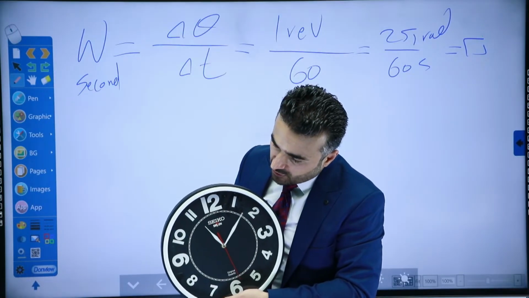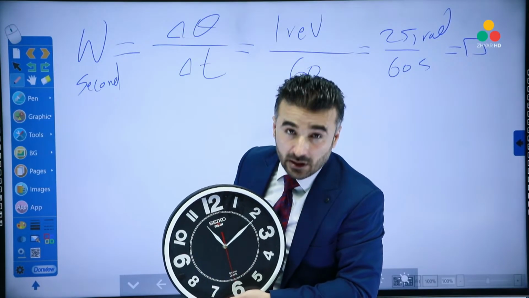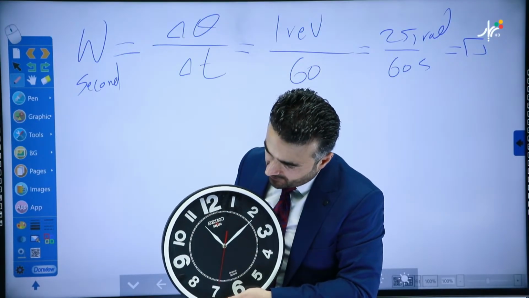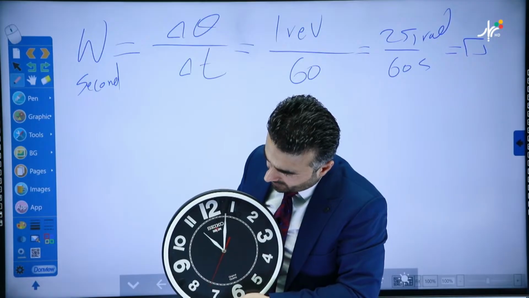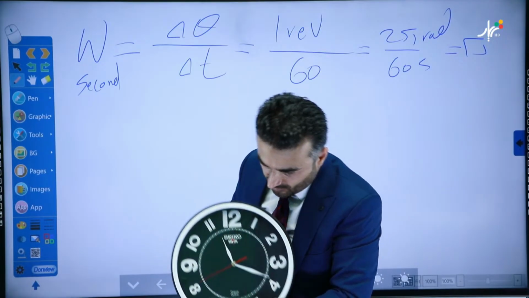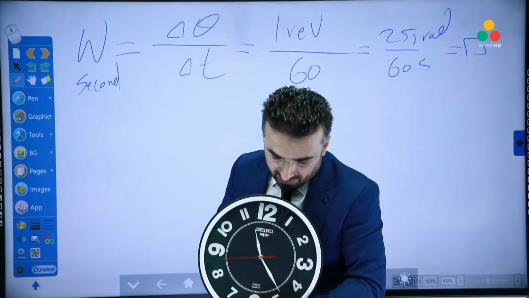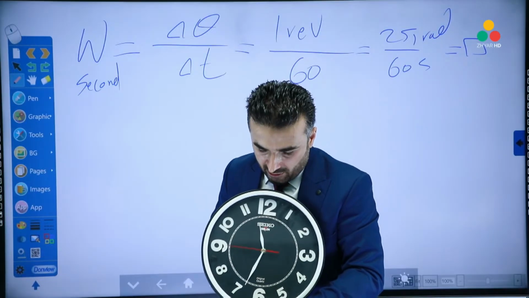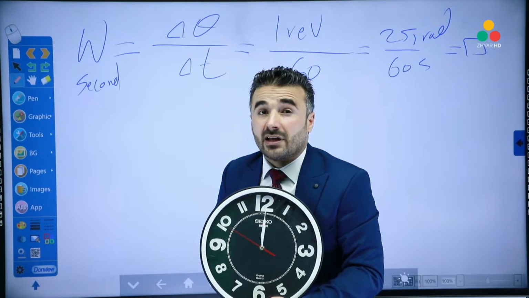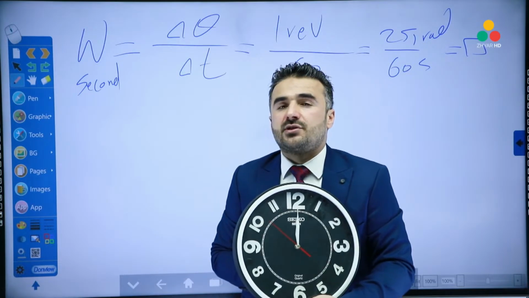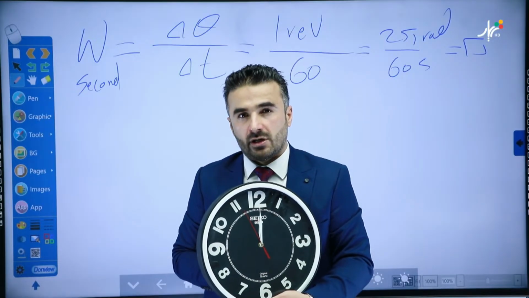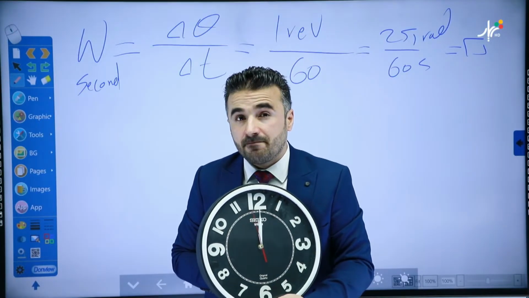For the minute hand to complete one revolution, how many minutes will it take? That is 5, 10, 15, 20, let's say that is 30. I hope I'm holding it correctly. This is 30 minutes, then 45 minutes, and this is 1 hour. Can I say the time it takes for the minute hand to complete one revolution is 60 minutes?